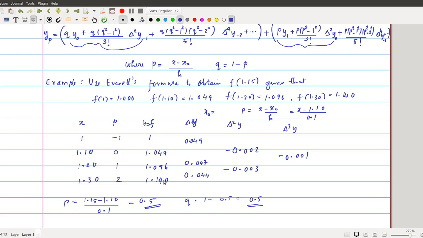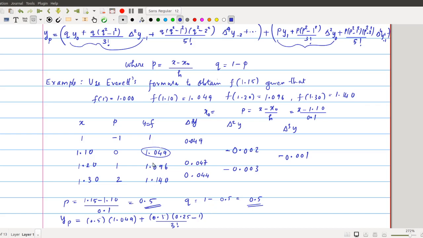So the formula is, we will write only the first two terms of this formula. I will write here y_p, that is our required y value. The first term will be q times y naught, that is 0.5 times y naught. Y naught is this value, 1.049, plus the second term will be 0.5 into q square minus 1, that is 0.25 minus 1, divided by 3 factorial, and delta square y minus 1.